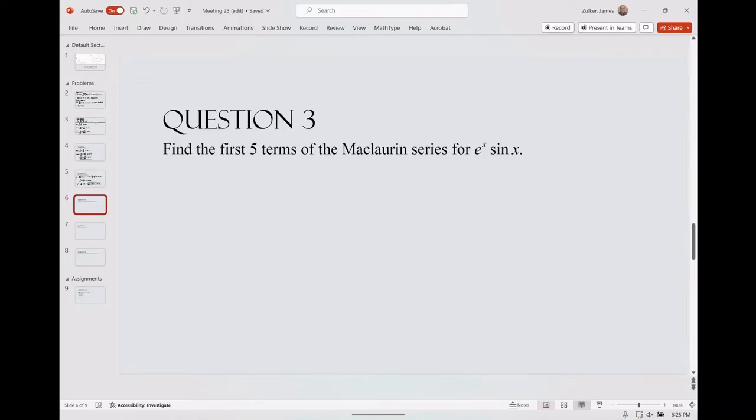Don't have to worry about that, because we just want the first 5 terms. You don't actually have to determine the entire series expansion. We're going to use the process, but we don't actually have to worry about finding a pattern and finding the actual series. Because what we're looking for essentially is a Taylor polynomial, right?